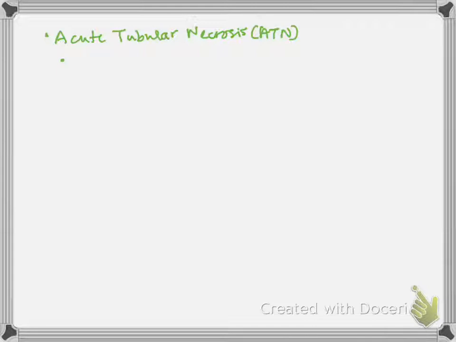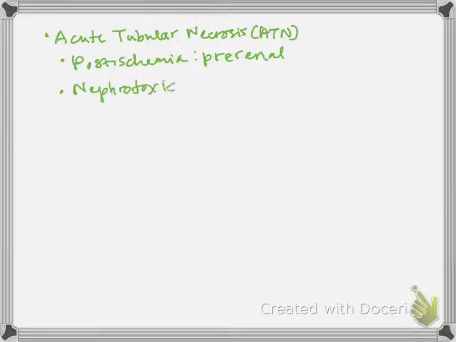This could be post-ischemic, which would be what I was talking about before. Intrarenal damage can be caused by prerenal damage, like poor perfusion to the kidneys. So that would be a post-ischemic acute tubular necrosis, or it could be nephrotoxic, like those drugs we were talking about, like the aminoglycosides.